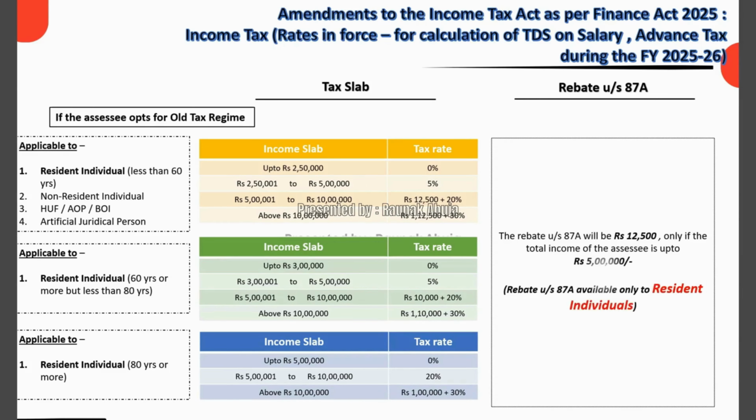The rebate in this case would be up to rupees 12,500, that too only if the total income of the assessee is 5 lakhs or less. Same thing, the rebate under section 87A would be available only to the resident individuals.